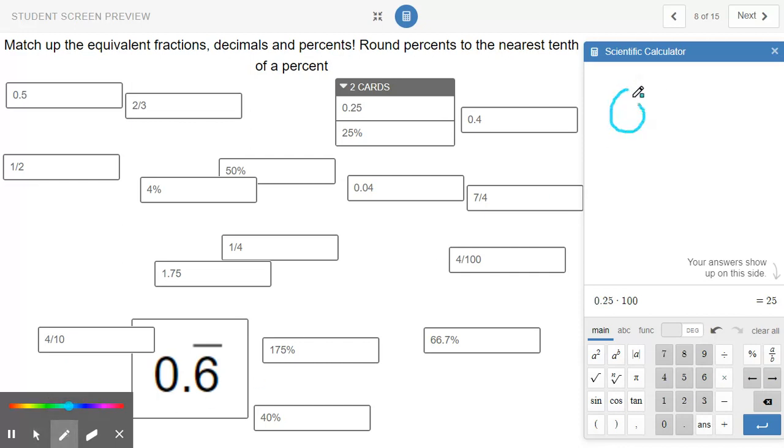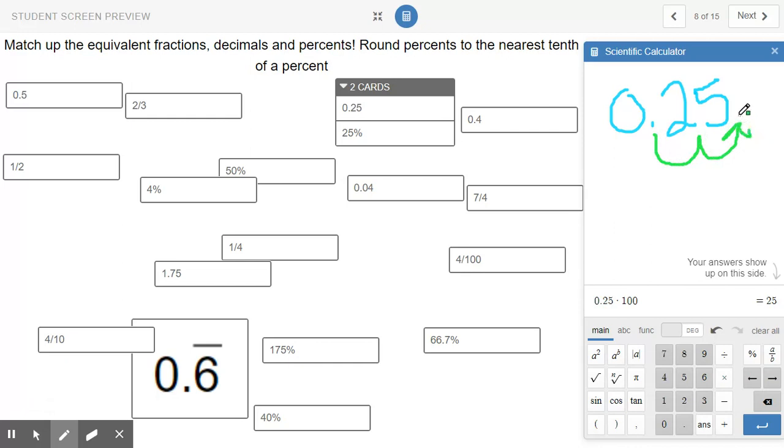If we have 0.25, to multiply it by 100, you can take this decimal and move it over twice. The way I remember that is it's one for each 0 in 100. That's a trick that people use. So 0.25 times 100 is 25, or 25% in this case.